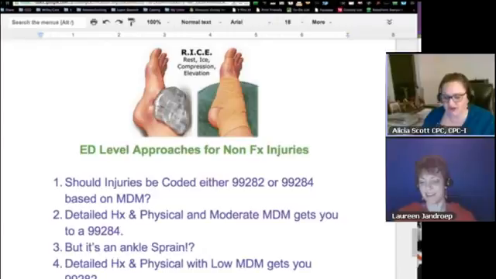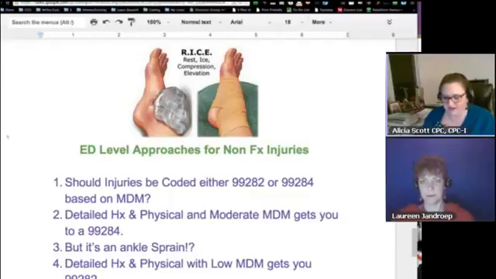Should injuries be coded either 99282 or 99284 based on the medical decision making? If you've got a detailed history and physical and moderate MDM, it gets you to a 99284. But it's an ankle sprain. So detailed history and physical with low MDM gets you a 99282.